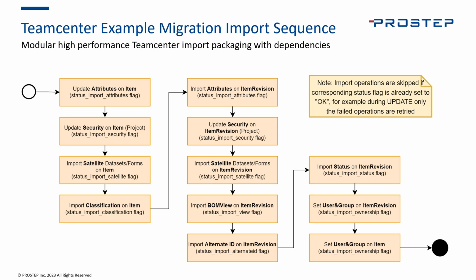So it's a sequence for handling items and BOMs. But then you can see how you might package these up to have a straight, high performance import process for Teamcenter.